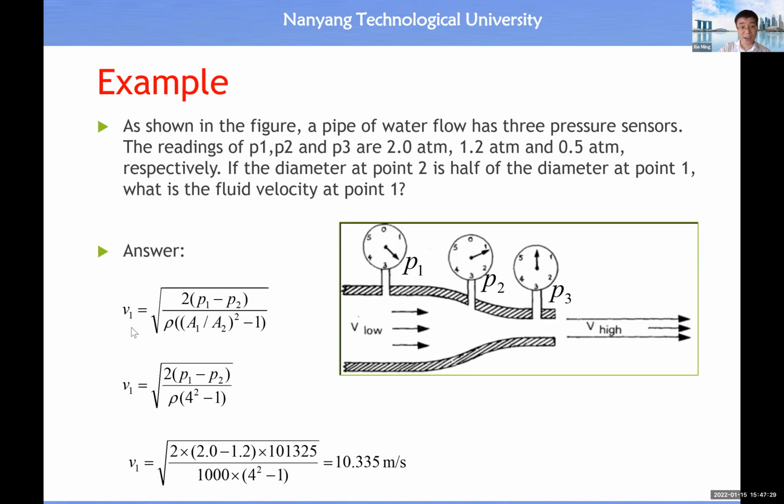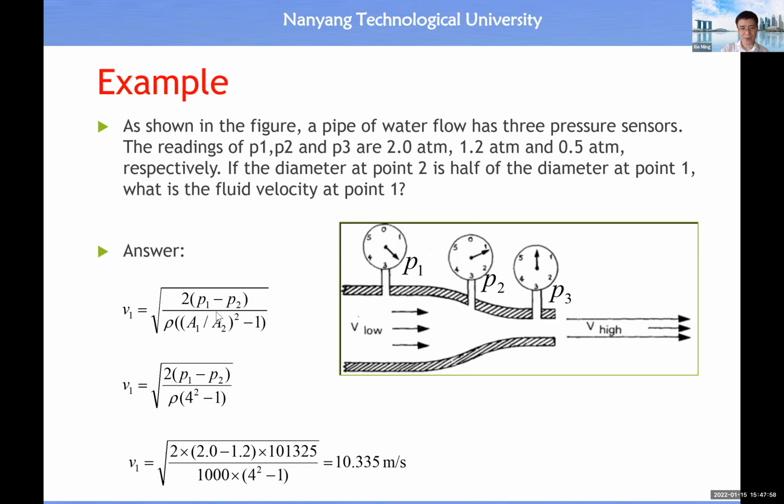So we apply this equation. V1 is proportional to the pressure difference, inversely proportional to the density, and the K coefficient is equal to square root of 2 divided by this one. And the question tells you the diameter at point 1 is 2 times the diameter at point 2. Therefore, the area at point 1 should be 4 times the area at point 2, right?